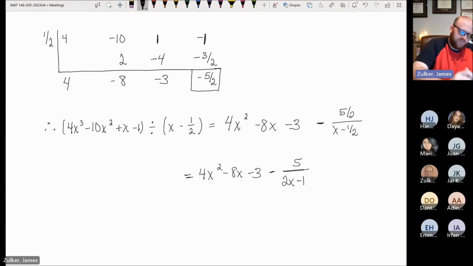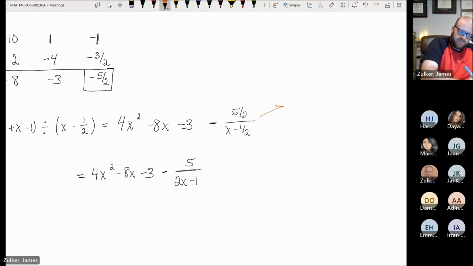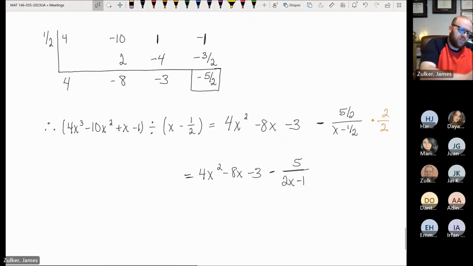So what we could do is write this 5 over x minus a half times a half. Or multiply by 2 over 2, right, to get rid of the fraction in the numerator. However you do it, you're going to wind up with that being simplified to 5 over 2x minus 1.